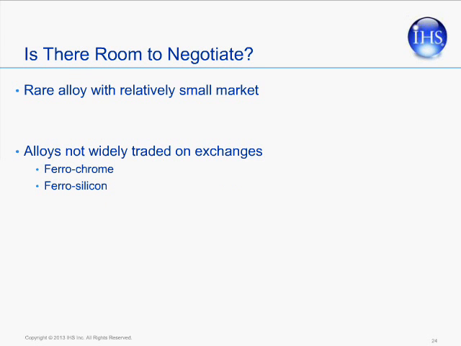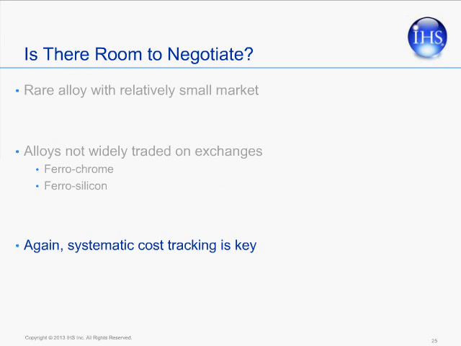There's not necessarily a market clearing price that you can point to immediately for contracting or negotiating purposes. But despite that, we still have some tools at our disposal, and we still have the ability to do systematic cost tracking. And that's what we're going to do in this case, use that alloy cost calculator to systematically address each of the alloy costs that builds up to the overall material that we're buying.